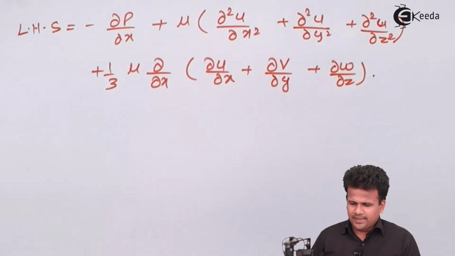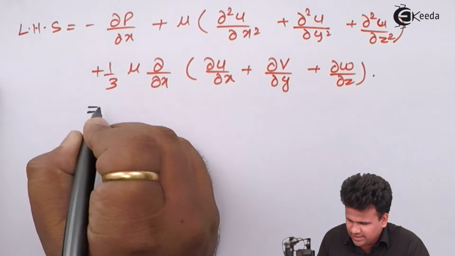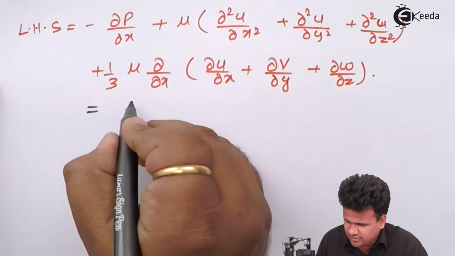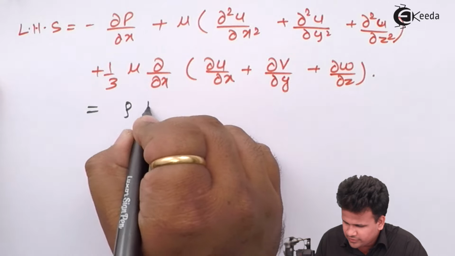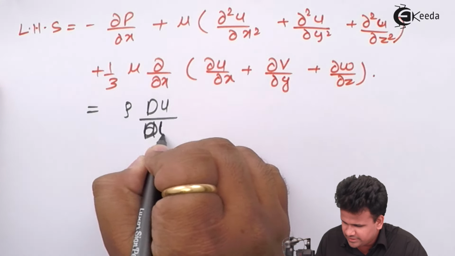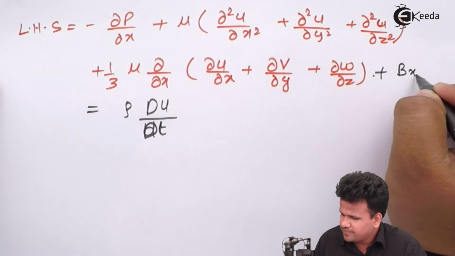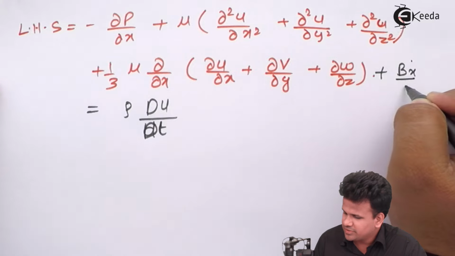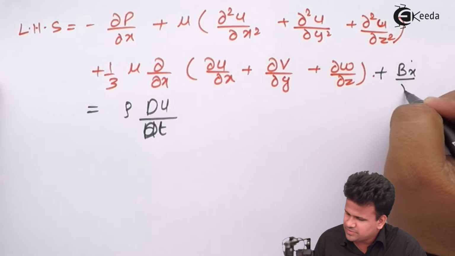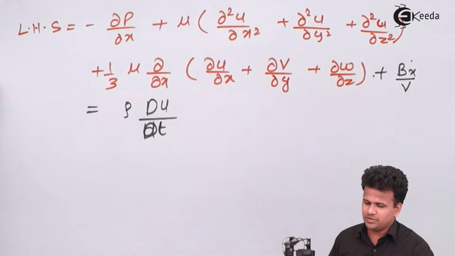So now let us write down this right hand side. So the right hand side, this entire part, which is equals to rho into Du by capital Dt, plus over here we'll have body force per unit mass per unit volume. So this is body force per unit volume, which we have represented as body force per unit mass per unit volume.